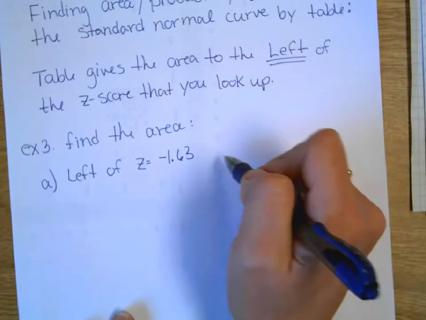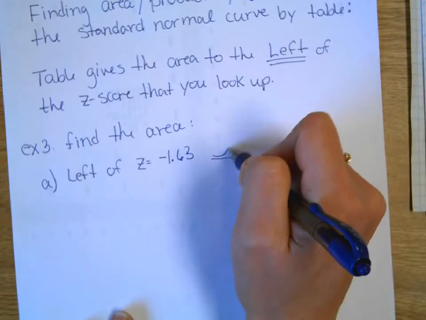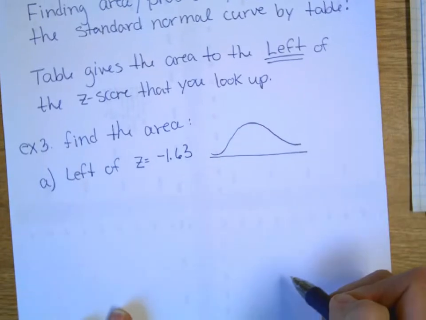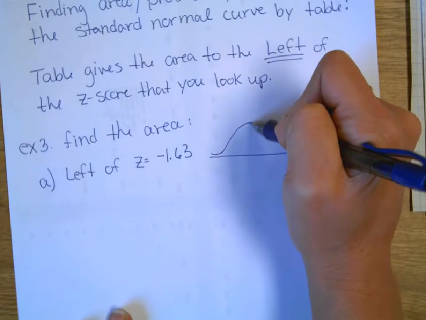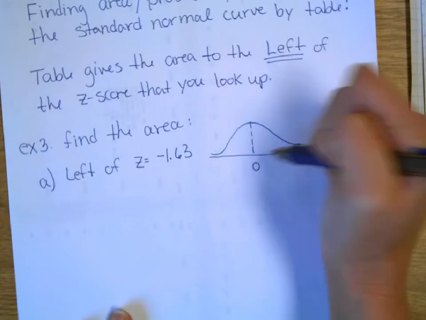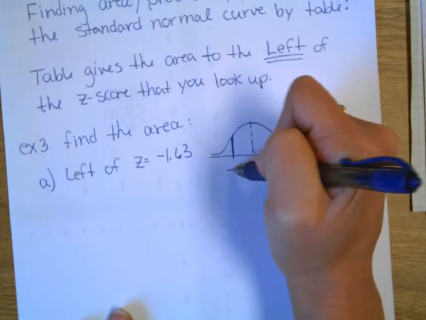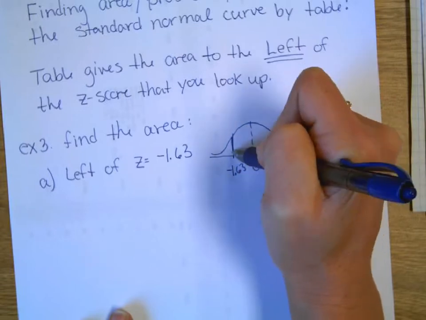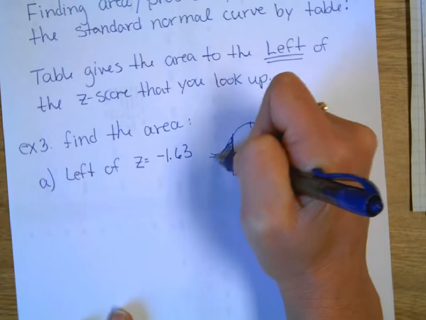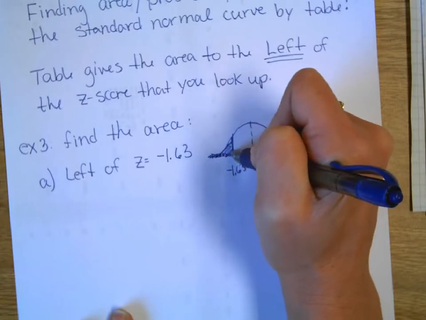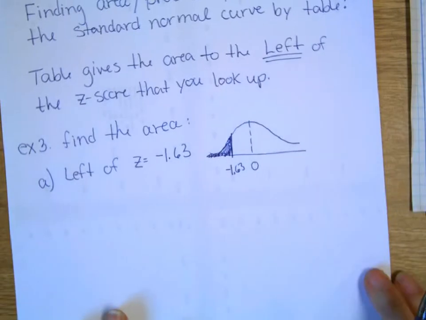So I'm just going to do a quick little sketch of what we're finding. Remember, a z-score of 0 is in the middle. -1.63 is about here. I'm just going to estimate it, and I want the area to the left. Yes, draw this. It will make more sense if you take the time to draw the pictures.